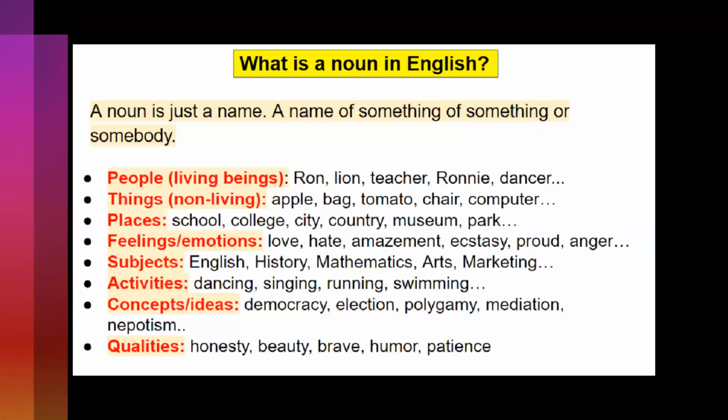Nouns could be activities, the names of activities like dancing, singing, running, swimming, or concepts and ideas, democracy, election, and so on. Or qualities like honesty, beauty, brave, and so on.